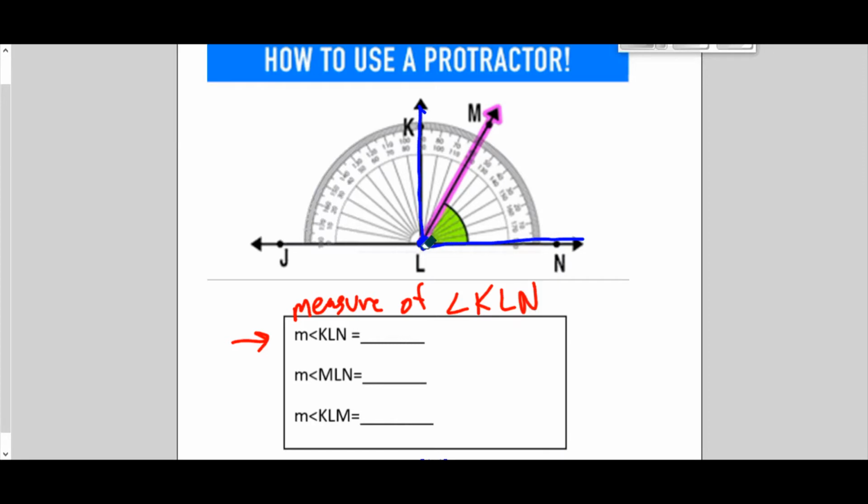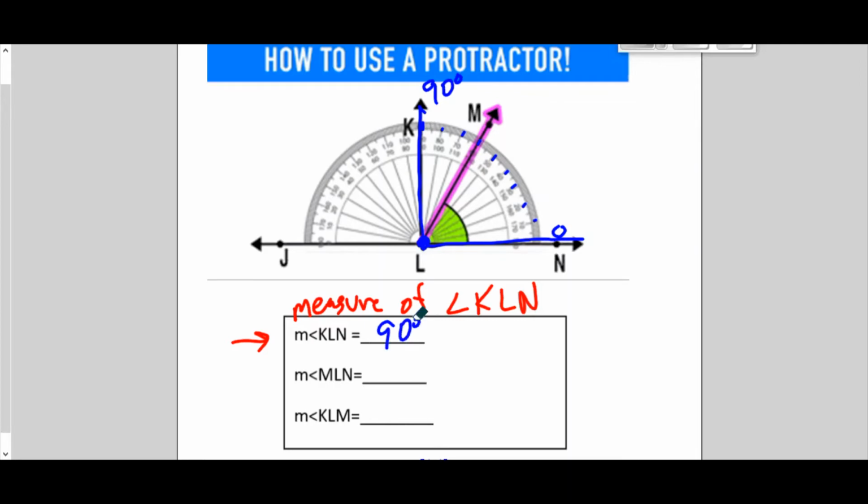The way they have this set up, we're going to use the top numbers because we got to start small and get large. So we're going to start at 0 and go all the way up. So 0, 10, 20, 30, 40, 50, 60, 70, 80, 90. So this is 90. So I know the measure of KLN is 90 degrees.